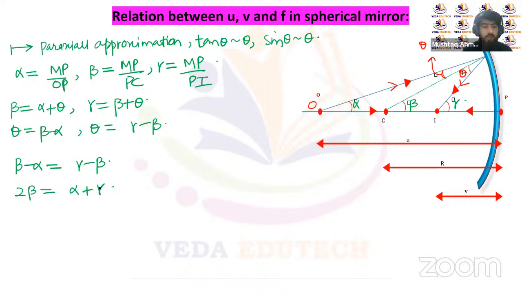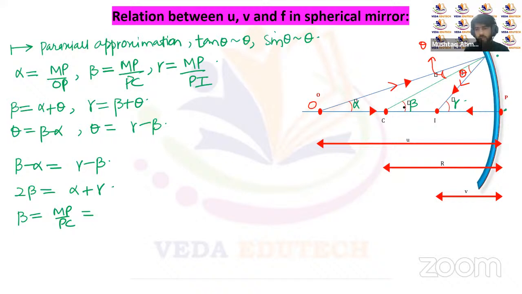Now talking about the value of beta, we know that beta is equal to MP upon PC. You can see MP in this diagram, from here to here, this perpendicular distance is MP.